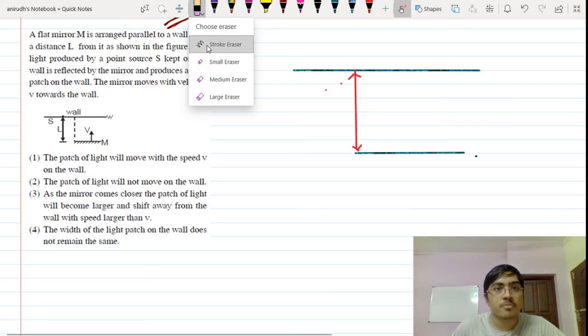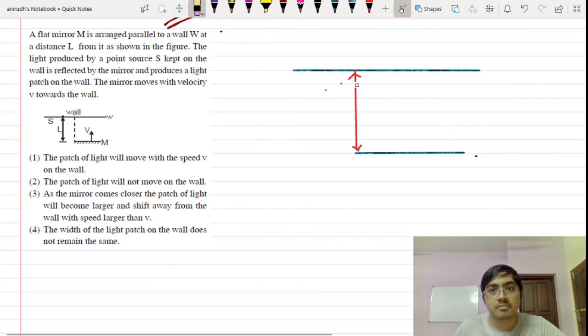So just to make this interesting, let me make things like this so you can understand. This is a dotted line showing the gap between the mirror and the wall. Okay, and they say that the length is L between this, and you have a source over here.